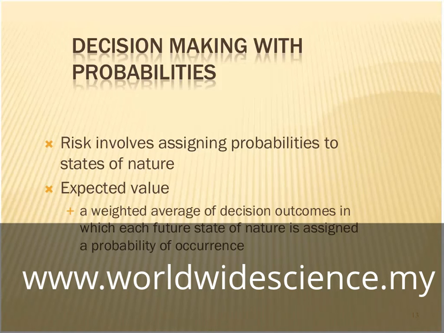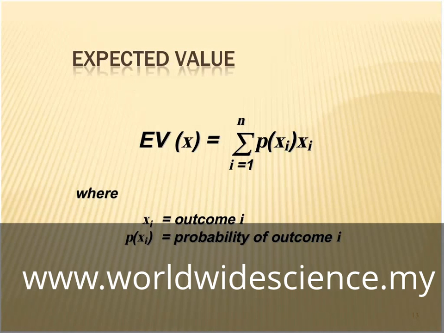So let's examine this formula together. This is the formula that is used by operation managers for making decisions under risk. EV means expected value, equals sigma P(xi) multiplied by xi.